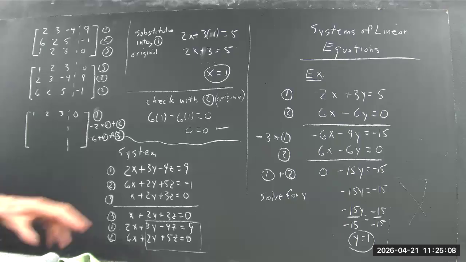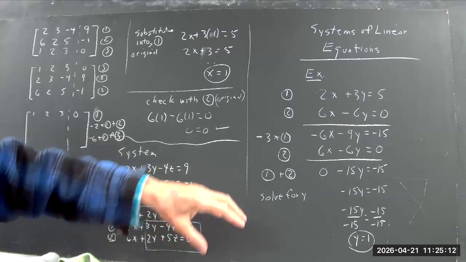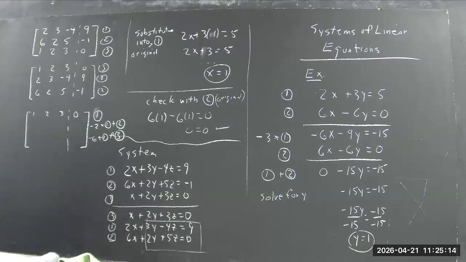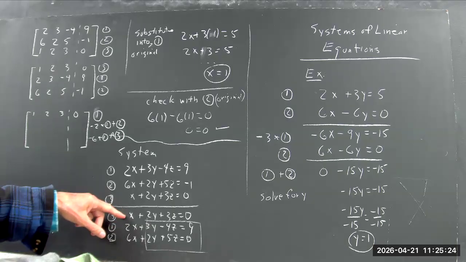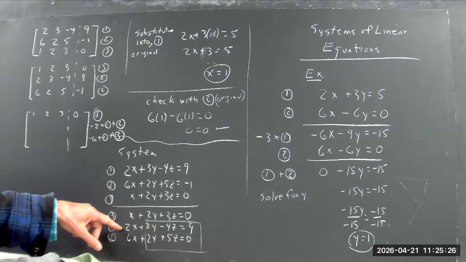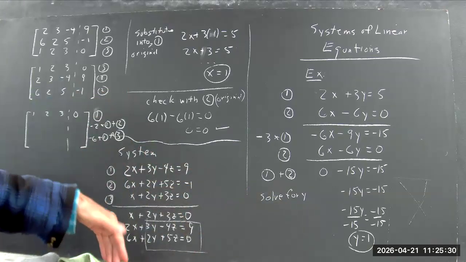Now, when I'm working out a system, a lot of times I've got to go over to the side and do side calculations. For example, if I want to do -2 times row 1, or -2 times the first equation plus the second equation, I write that off to the side. I don't write it below here.